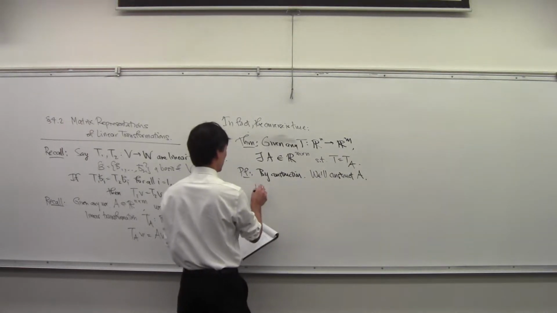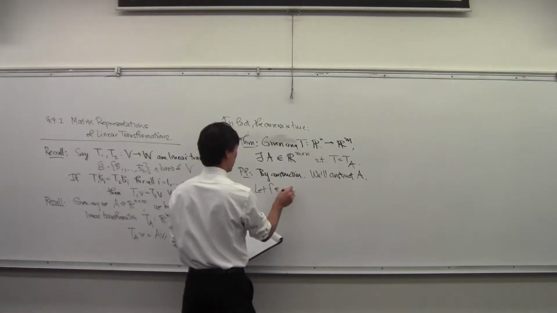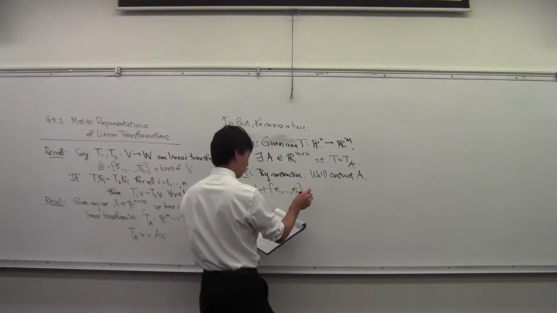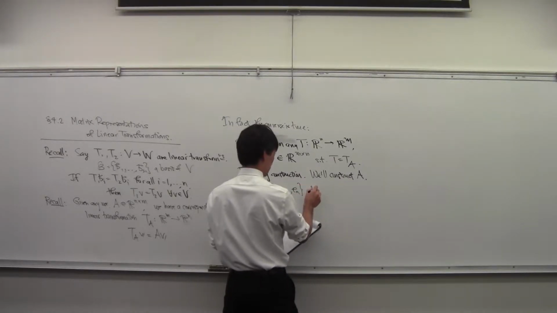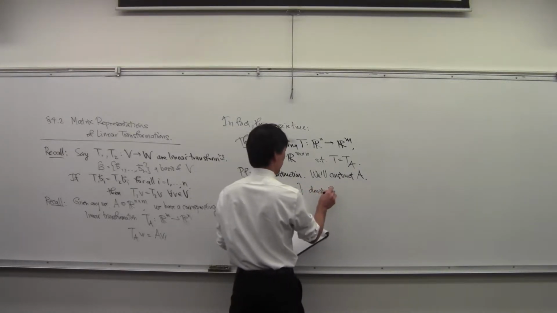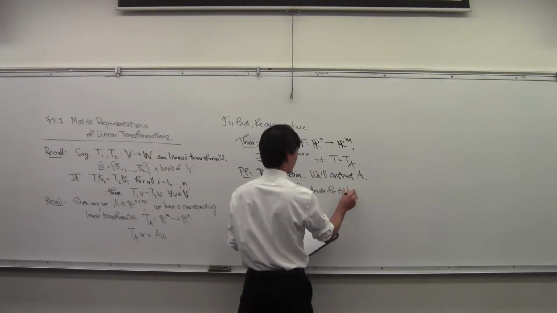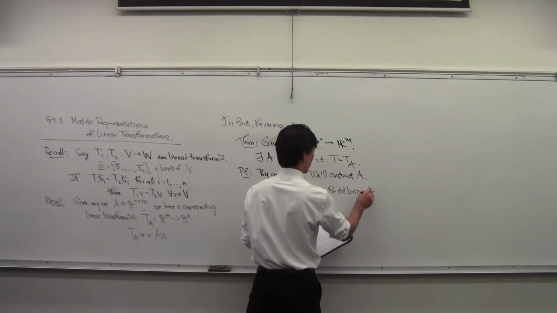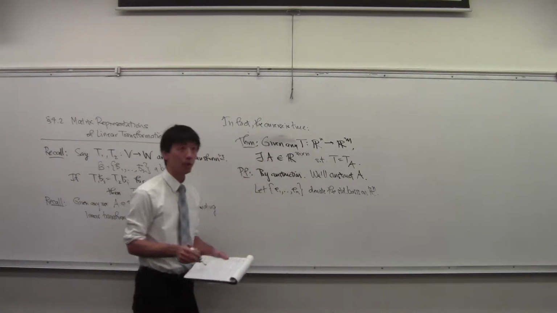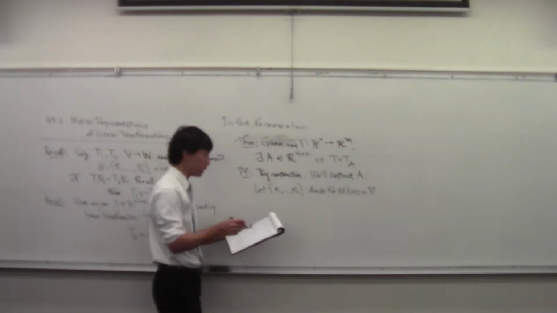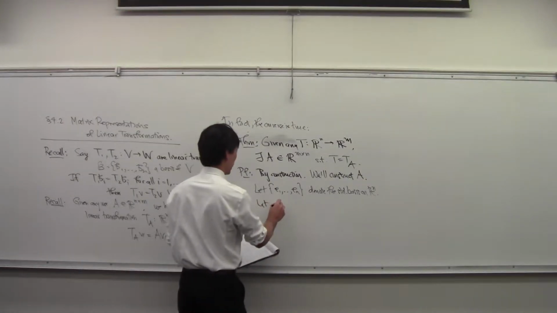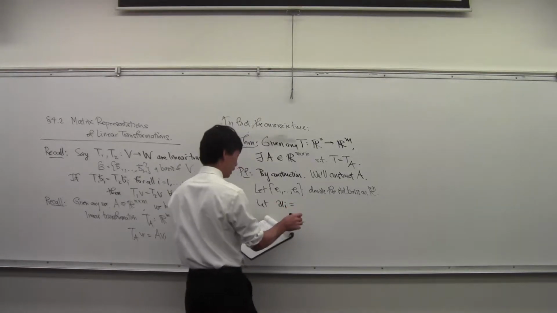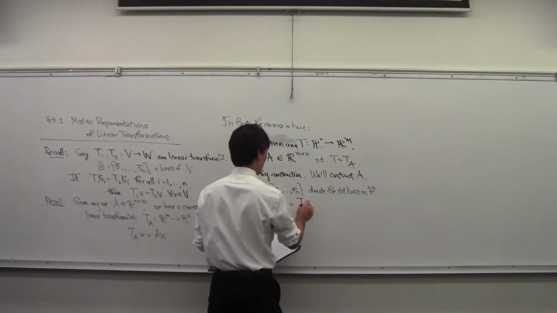Let e1 through en denote the standard basis on R^n, and let a sub i be T of ei.